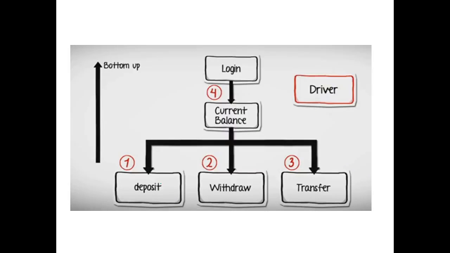The bottom level modules are considered component 1, component 2, component 3, and component 4 and 5. The flow between these bottom level modules will be tested first and then it will move upwards.